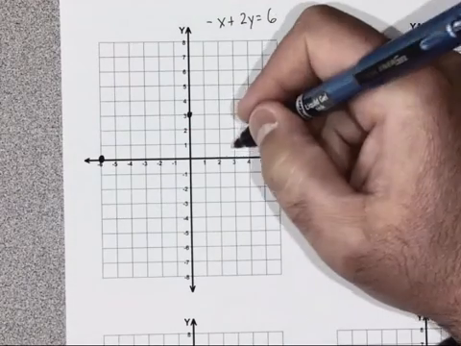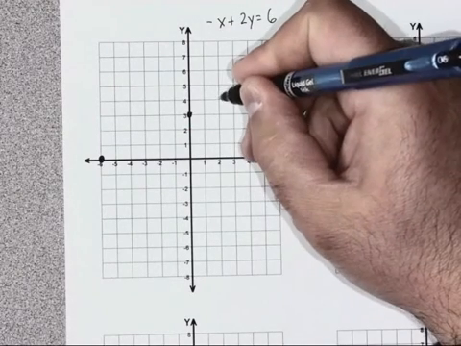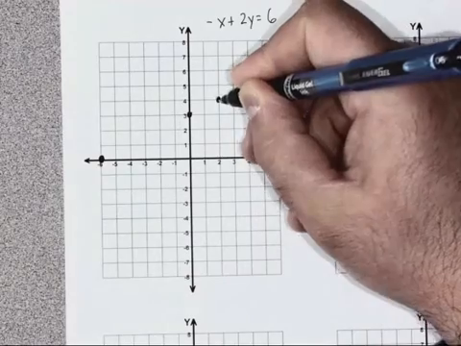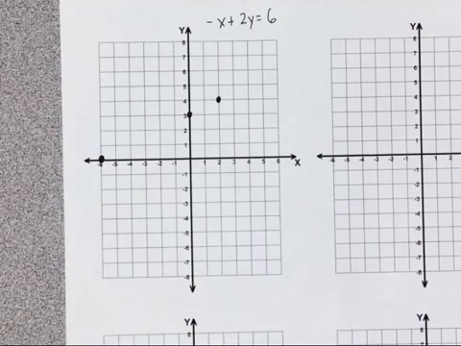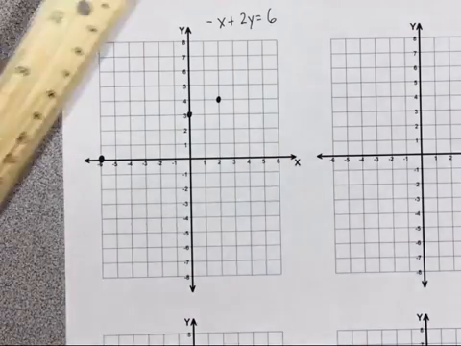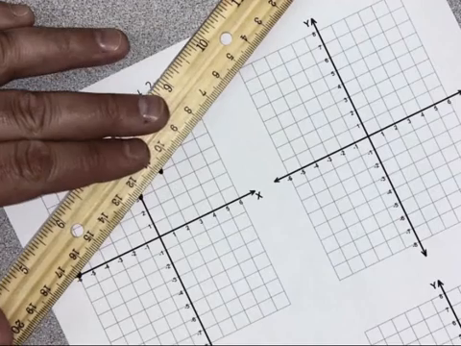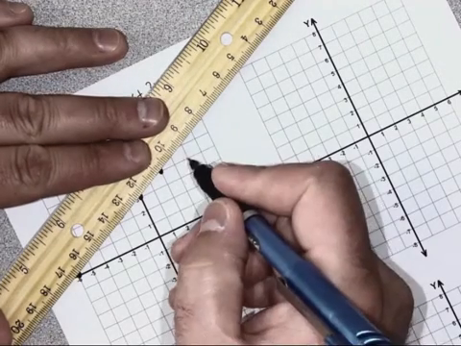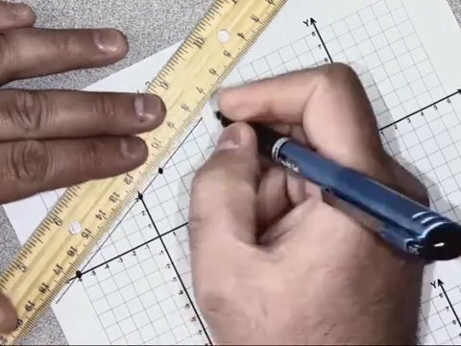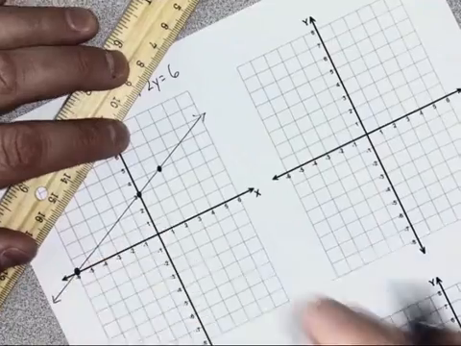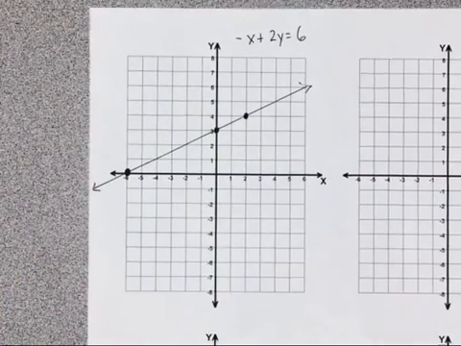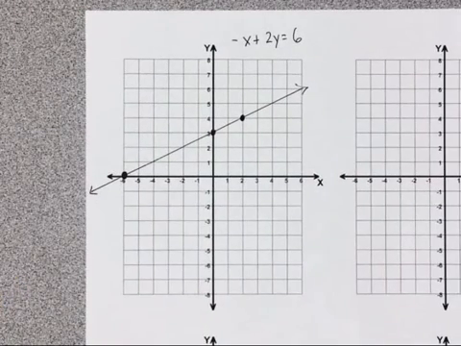So let's plot the point 2, 4, which is right here. And yes, that does line up with our other 2 points. So we can then connect those to form the equation of the line.